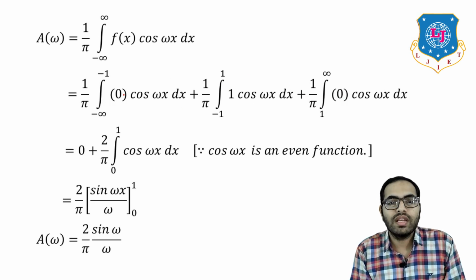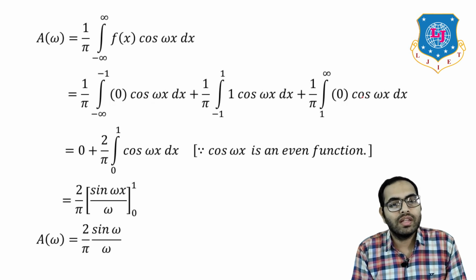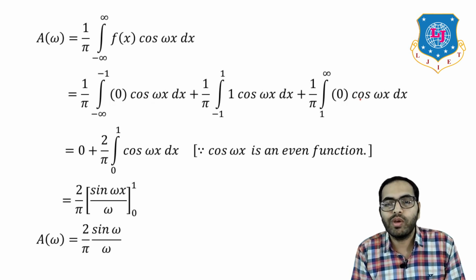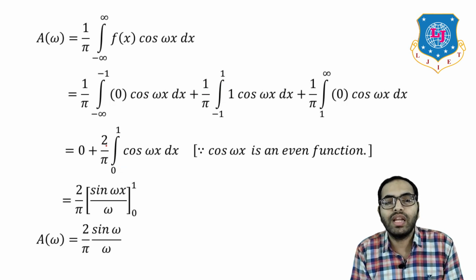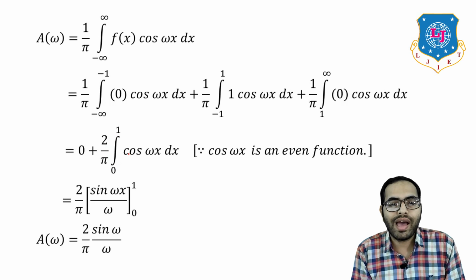These are the split limits. Then the first and last terms become 0 because 0 into anything is 0. Then the middle term, minus 1 to 1, here cos is an even function, so multiply by 2 and halve the limits: 2 by pi integral 0 to 1 cos omega x dx.